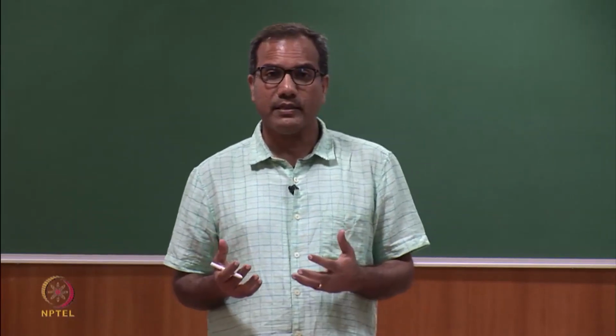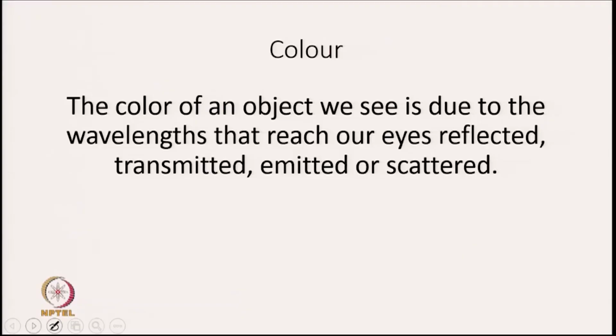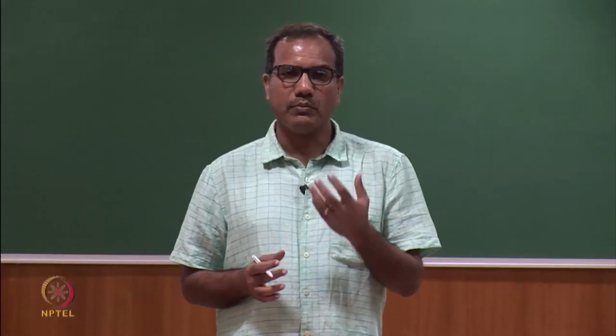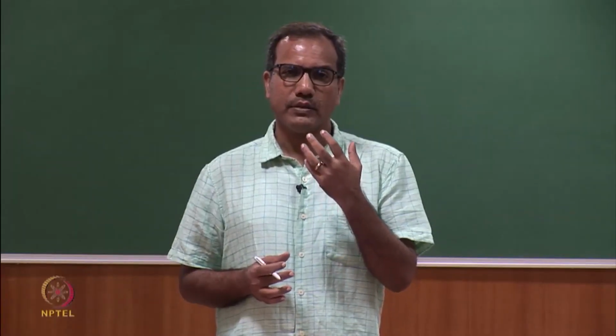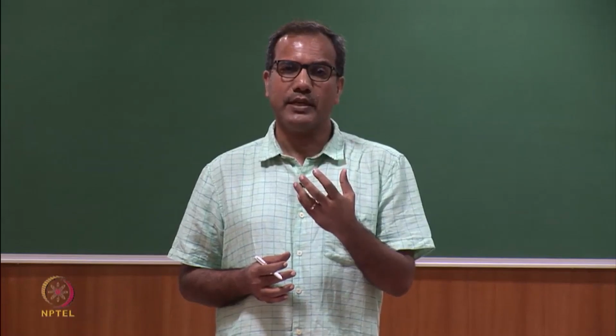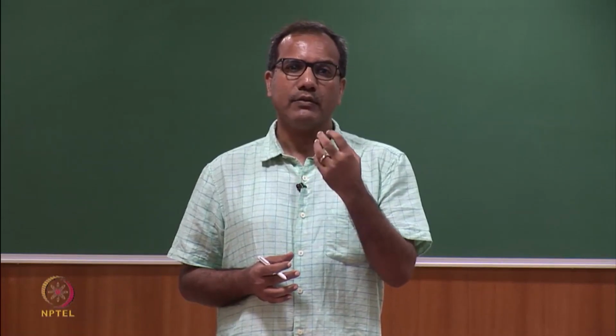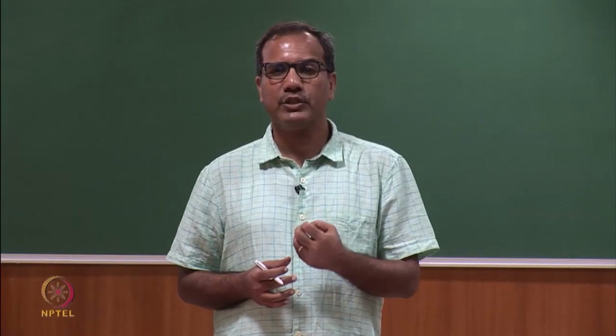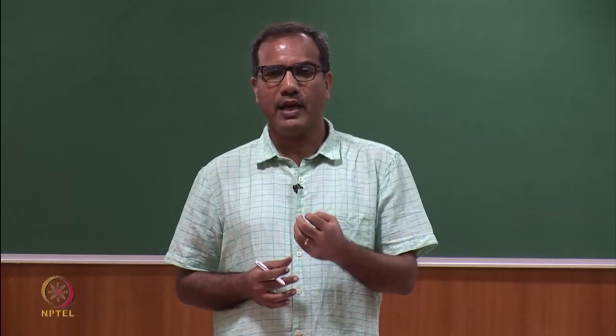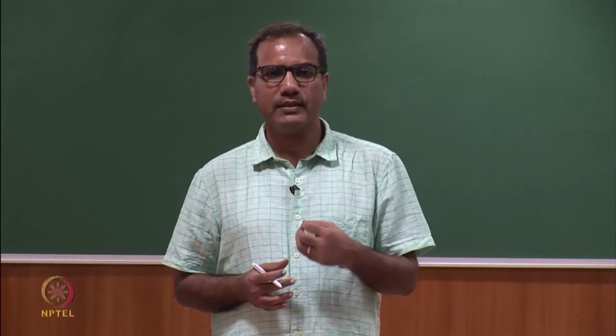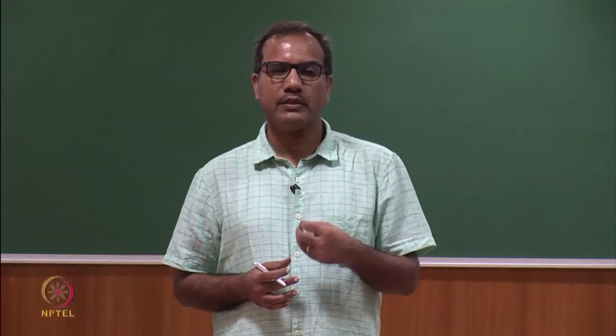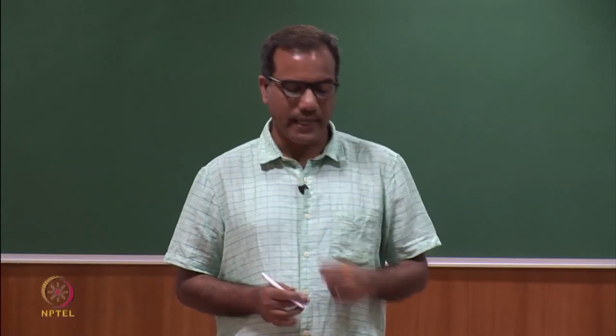So, what is color? The color of an object we see is due to wavelengths that reach our eyes, reflected, transmitted, emitted or scattered. So, the color which we perceive is due to the wavelength of the light which reaches our eyes, either due to reflection, transmission, emission or scattering.